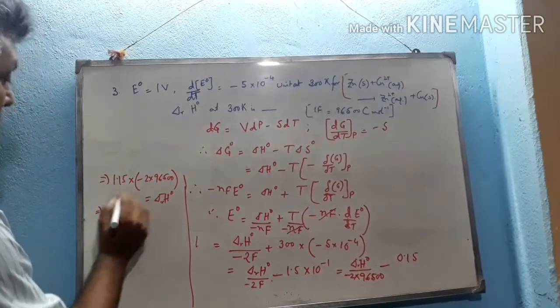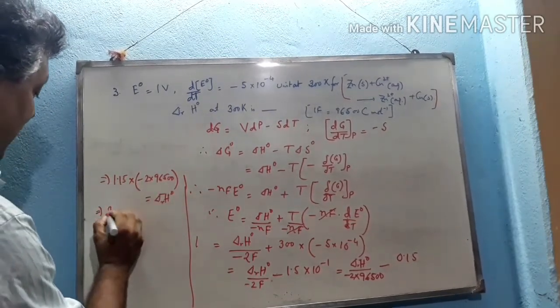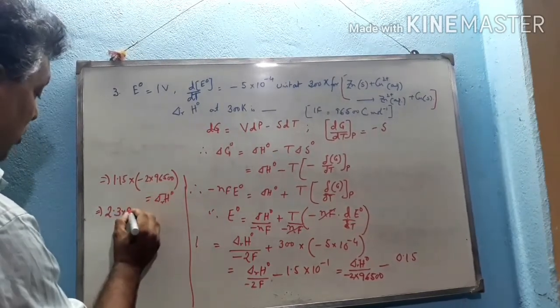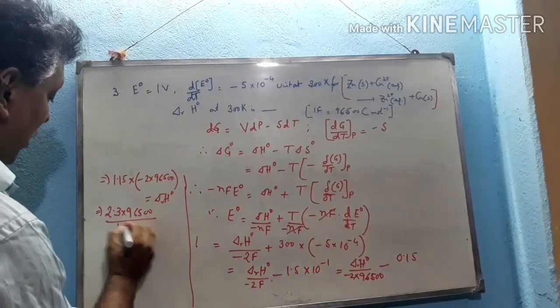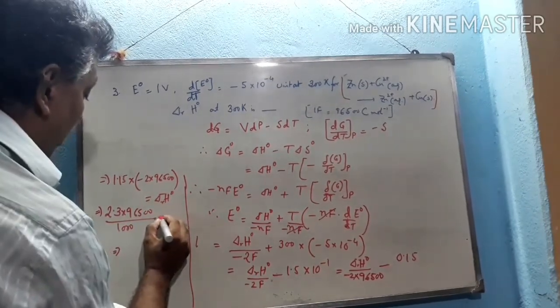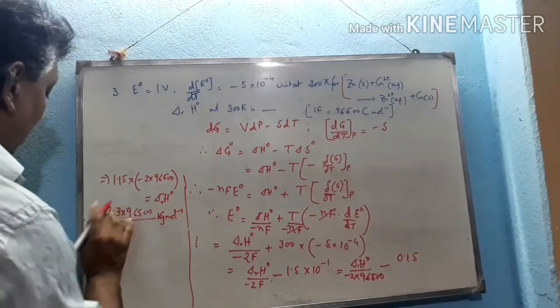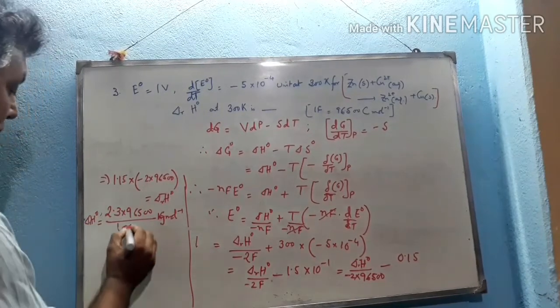So this will be equal to 1.15 into 2, that means 2.3 into 96500 divided by 1000, and the unit is kilojoule per mole. This is the ΔH0 of the reaction in kilojoule per mole.